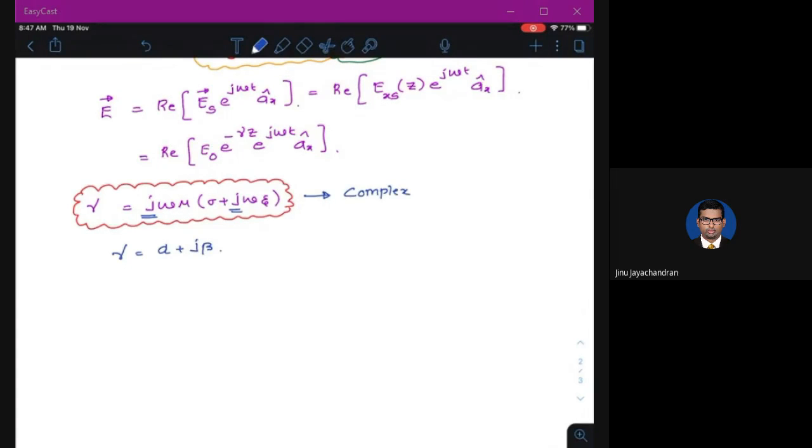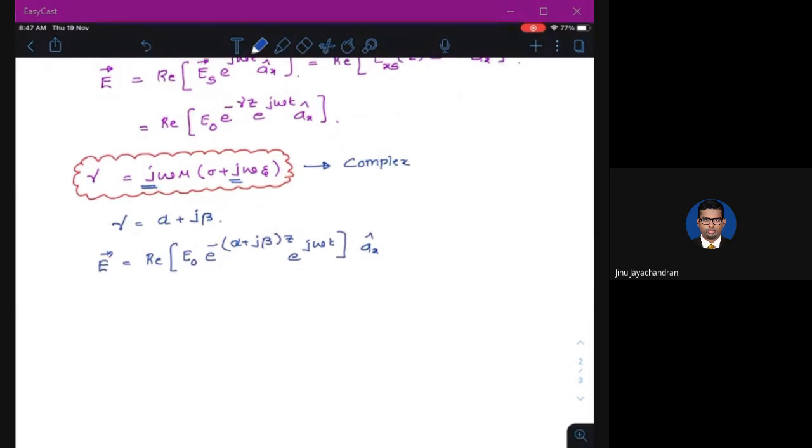So I can substitute E is equal to the real part of E0 e raised to minus of alpha plus j beta into z e raised to j omega t, and I'm taking the x cap out. That's a unit vector. You can take it out of the real.